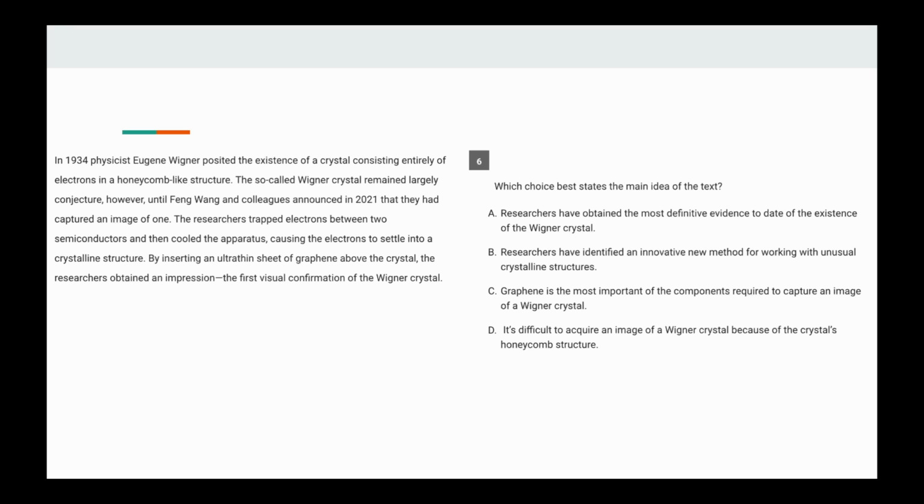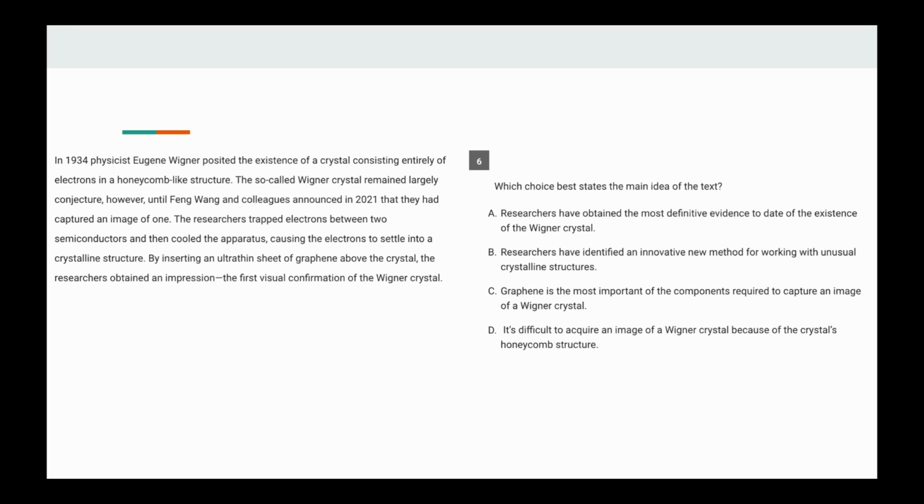Main idea. Okay. In 1934, physicist Eugene Wigner posited the existence of a crystal consisting entirely of electrons in a honeycomb-like structure. The so-called Wigner crystal remained largely conjecture, however, until Feng Wang and colleagues announced in 2021 that they had captured an image of one.